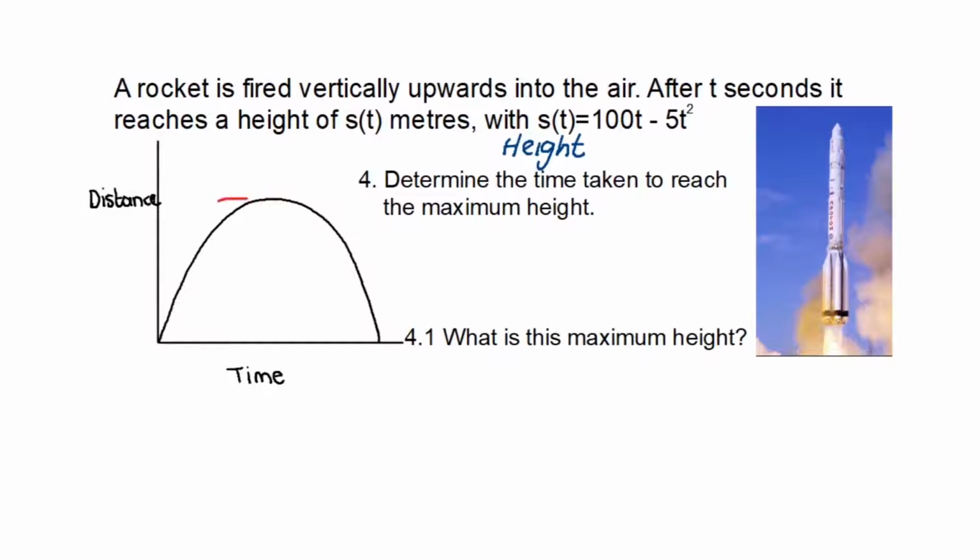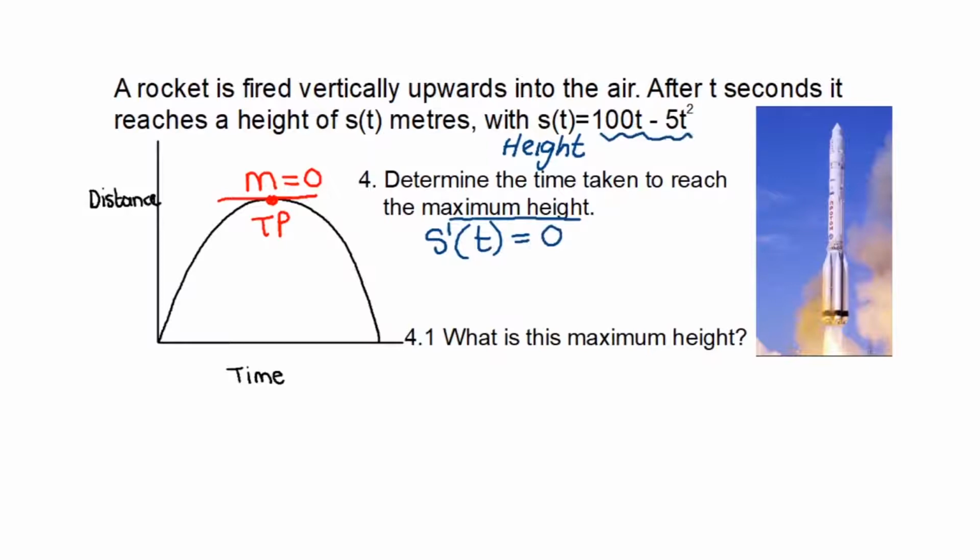So what do we know? What happens at the turning point? There at the turning point, the gradient is 0. And what did we say is gradient? We said the gradient is the derivative of this specific formula, the distance formula. So for maximum height, it will be where the derivative is equal to 0.